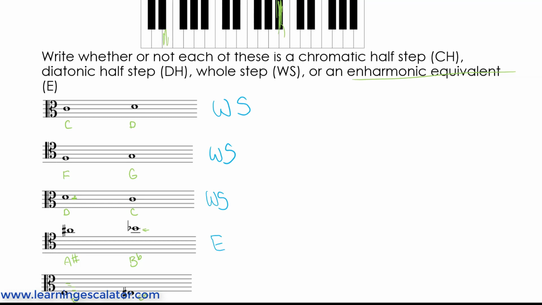So E's over here and E sharp is over here, so it's a half step, and it's a chromatic half step because both use the same note name E. But if this was written as F, and it's the same note, it would still be a half step, but then it would be a diatonic half step since it uses a different note name.